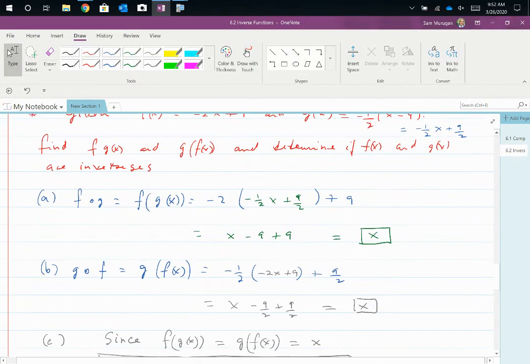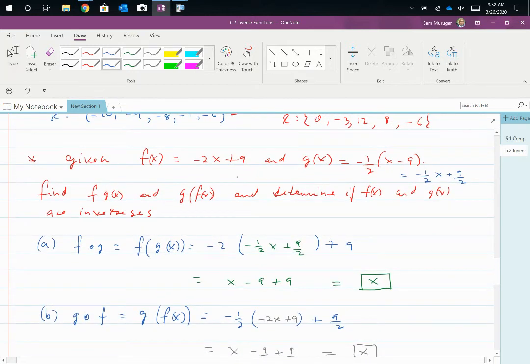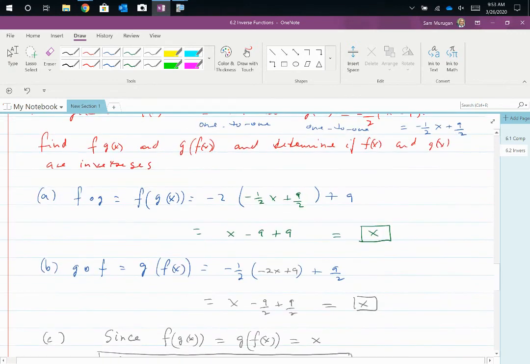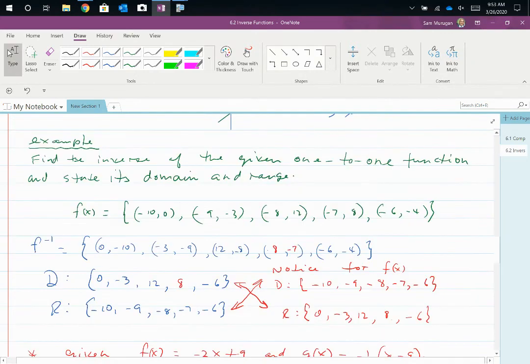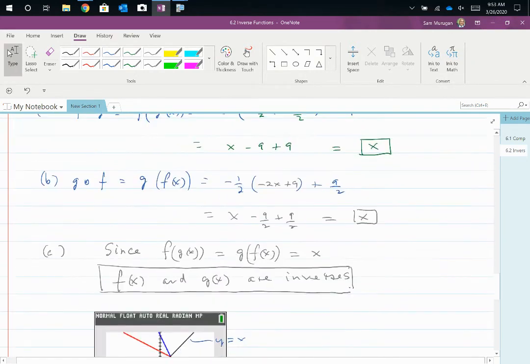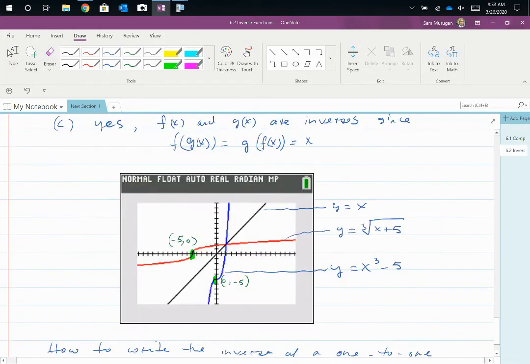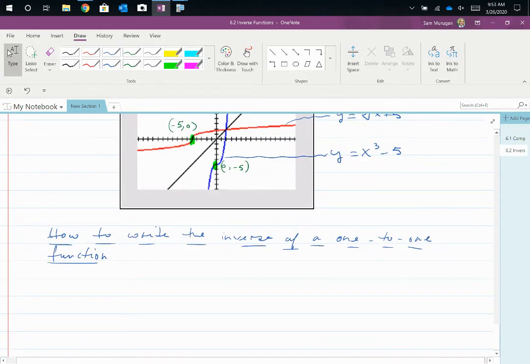They're all 1-to-1 functions. I neglected to mention that, but they all pass the horizontal line test.